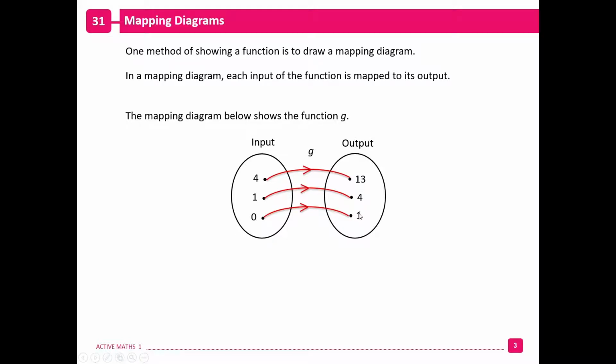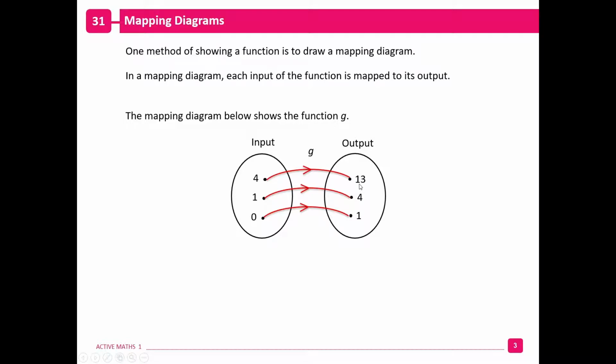Now what you'll notice then is that we have this arrow which helps us to show the path or the mapping or the connection between which input and which output. So if you look at this top arrow, we see that the input 4 is mapped, so it's transformed, it becomes the output 13 after it has gone through this function.